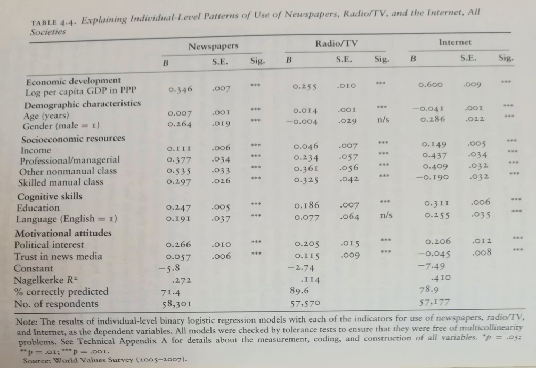So if I quickly read this, the biggest impact of economy on either newspaper, radio or internet is in internet. 0.6 is more than double than in newspapers, right? So the more rich you are, the more internet you'll use. It's a similar positive correlation between newspaper and economy, with the lowest in radio and TV.